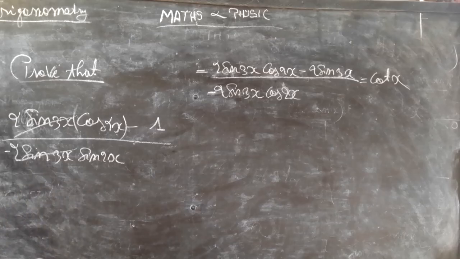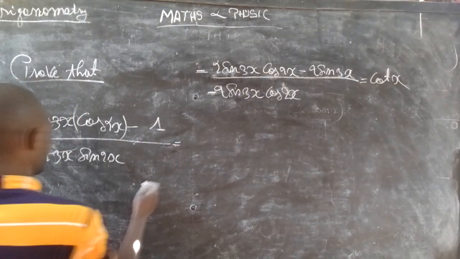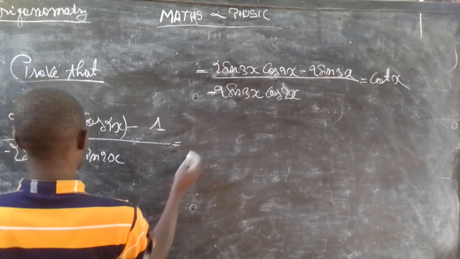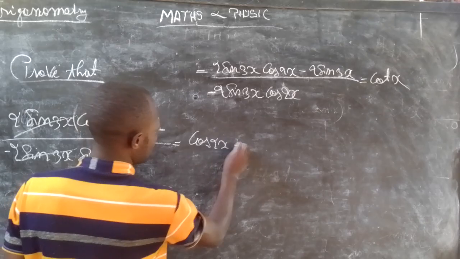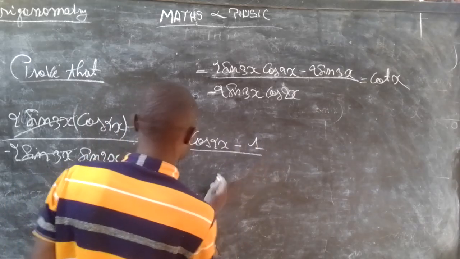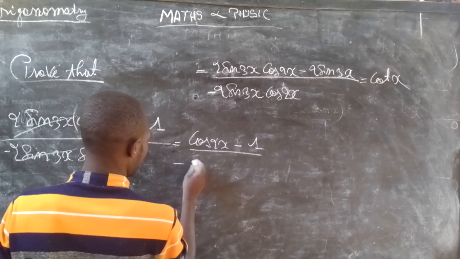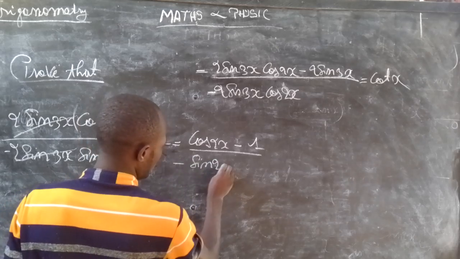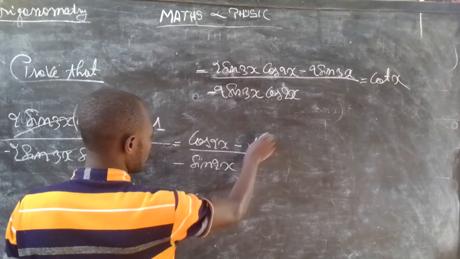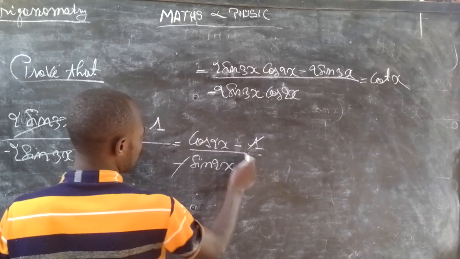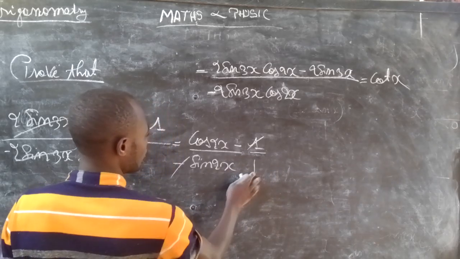So here we are left with a negative sign, and this will be equal to (cosine 2x minus 1) over negative sine 2x. Here, this is a negative, this is a negative, we will cancel these.